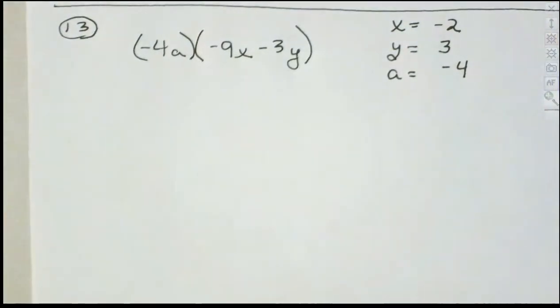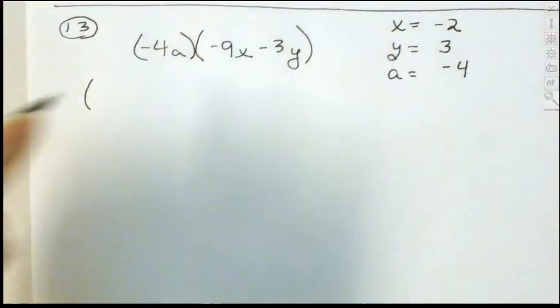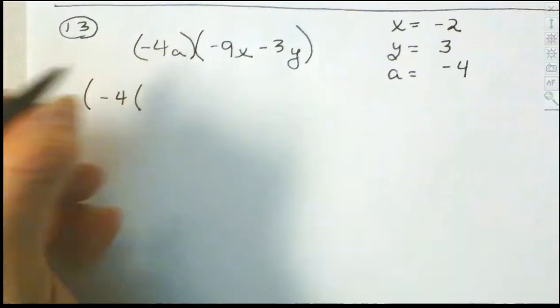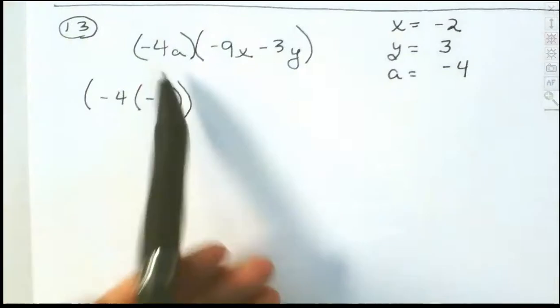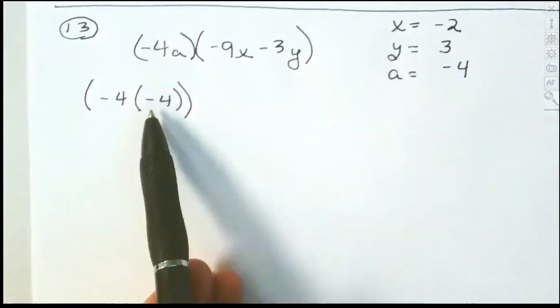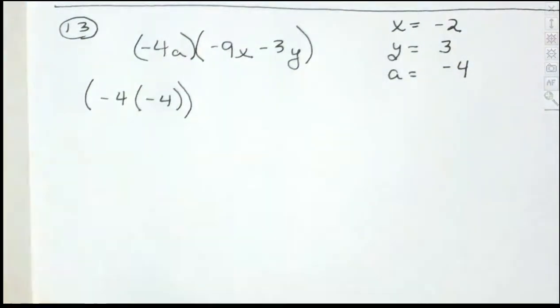So the first thing we need to do is we need to go ahead and plug our values in. Then we'll work each piece individually and then put them all together. So let's plug in our values. Make sure we copy them down correctly. Now, whenever I plug in a negative value, I've got to use parentheses. So that A was a -4. So notice I put the parentheses around it here.